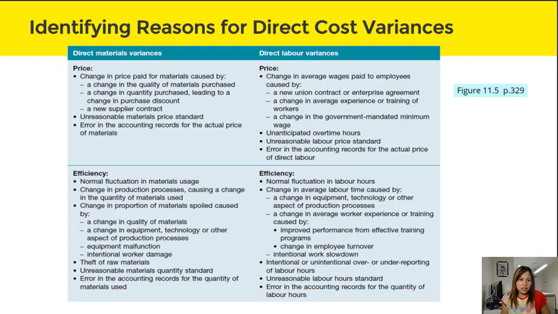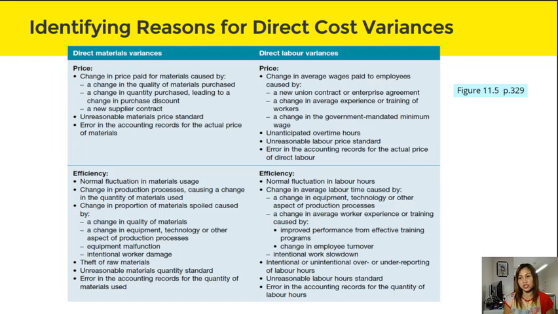So let's have a look at direct materials variance. For price, it can be because of a change in the price of materials caused by a change in quality, or a change in the quantity purchased. If you buy a big number, you might get a discount, or perhaps the price changes because you signed a contract with new suppliers. Another possible reason may be an unreasonable material price standard.